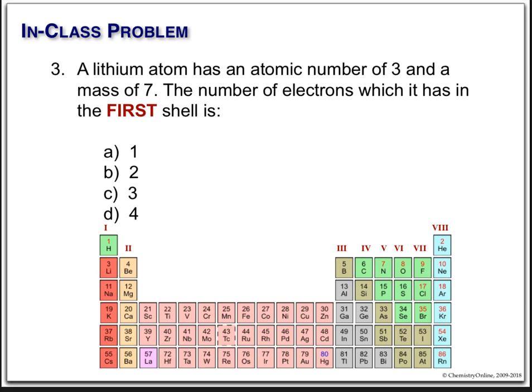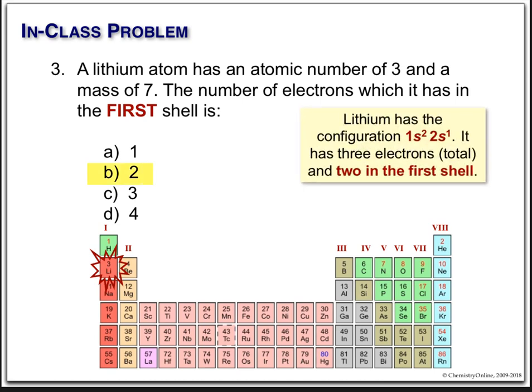Lithium has atomic number of 3 right here. The number of electrons in the first shell is what? Oh, it's at the second quantum level. So the first shell is full, right? How many can you put in there? 2. Everybody put 3.